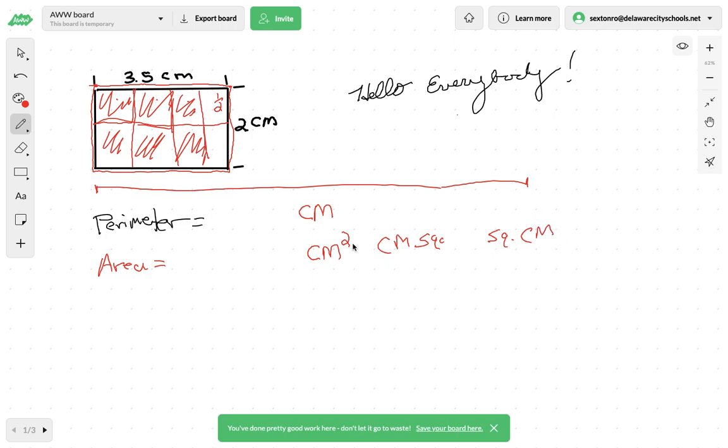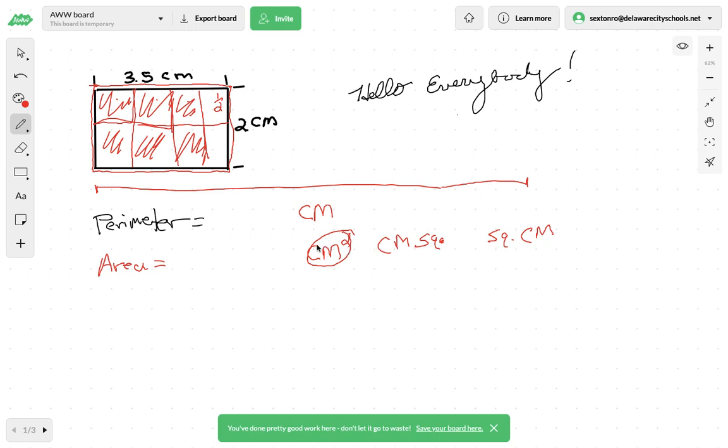All three of these are correct. This is probably the easiest one to use, centimeters with a 2 in the exponent, but you can write centimeters squared and you'll be understood just fine. What you can't do is multiply 3.5 centimeters by 2 centimeters and come up with a unit that is just centimeters, because that's a linear unit.